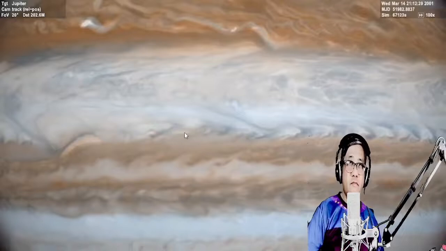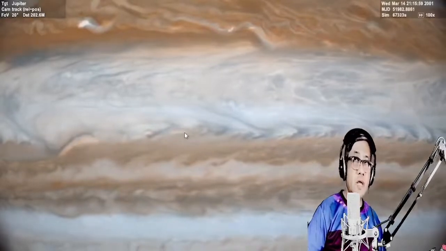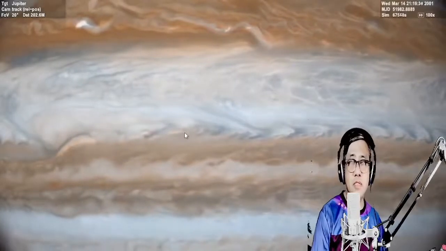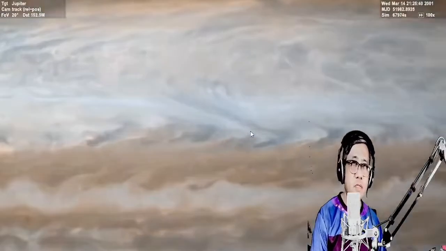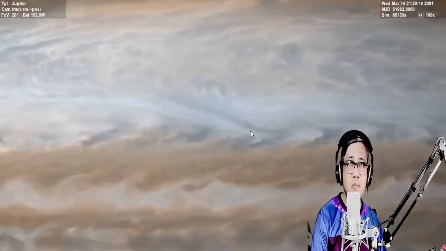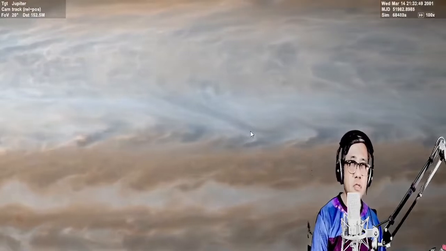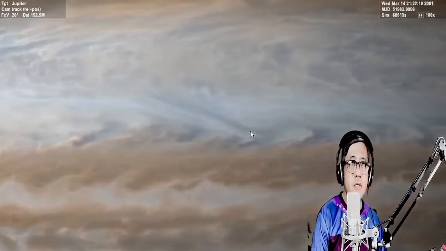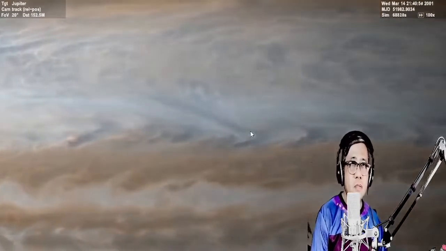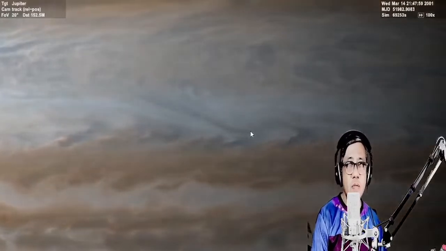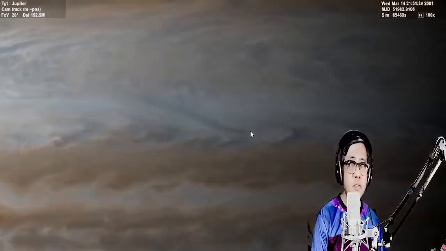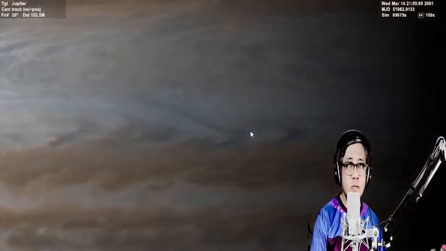And Jupiter, for your information, is the most rapidly rotating planet in the solar system. The rotation period of Jupiter is slightly less than 10 hours. Ganyan kalupit ang bilis ng rotation ng Jupiter. Dahil mabilis po yung kanyang ikot, ang tendency po ng Jupiter is medyo nagbabulge sa equator.